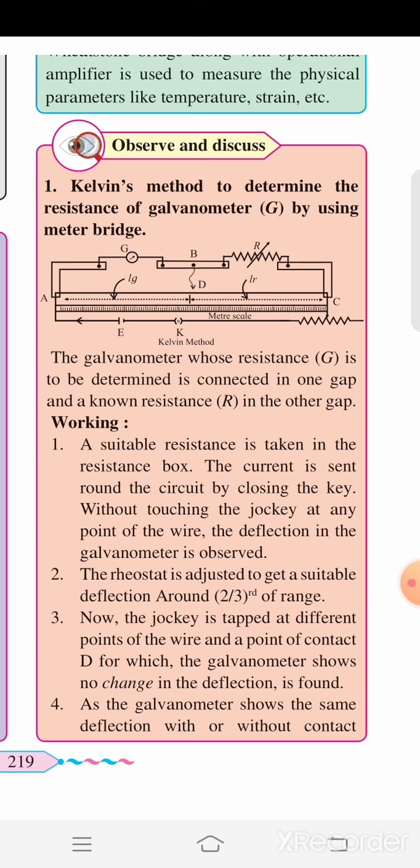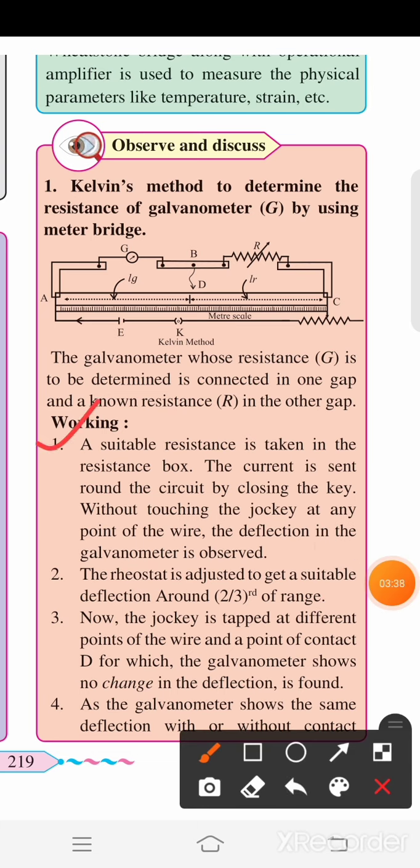Using that construction, how to calculate the resistance of a galvanometer using a meter bridge, that is the working of Kelvin's method to determine the resistance of the galvanometer.